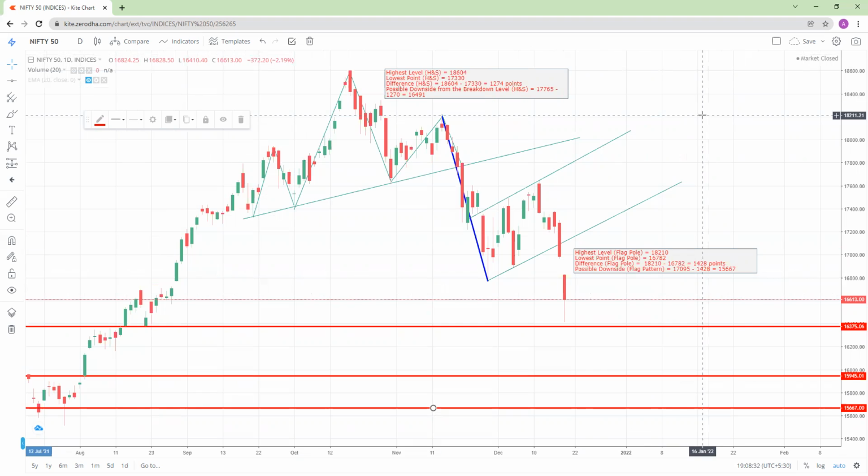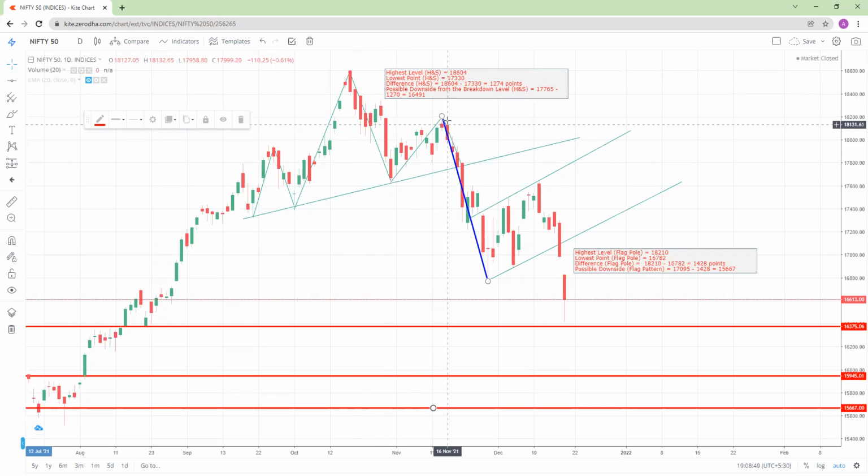Because we believe at this point of time, on 19th of October, when Nifty 50 started falling, there was no news related to Omicron. So this fall could be a scenario of profit booking. After that it went up.